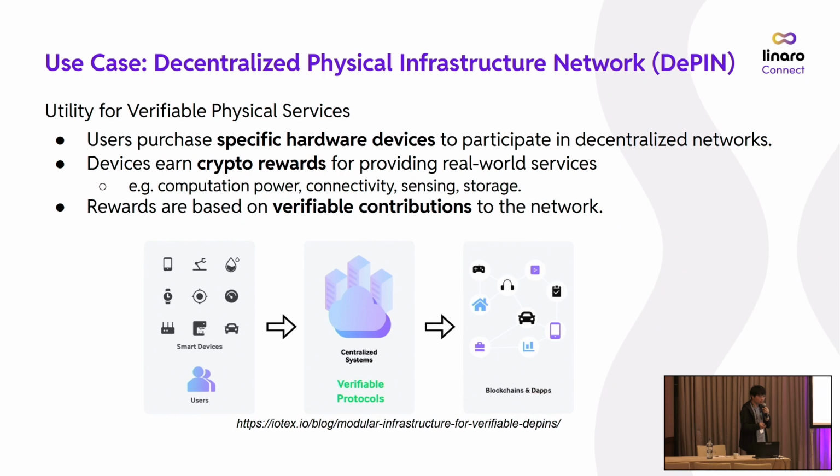You buy the device, you get rewarded with crypto tokens, and you share the use of the device. For example, you share your bandwidth or your storage, and you get rewarded with crypto tokens. The rewards are based on verifiable contributions to the network.